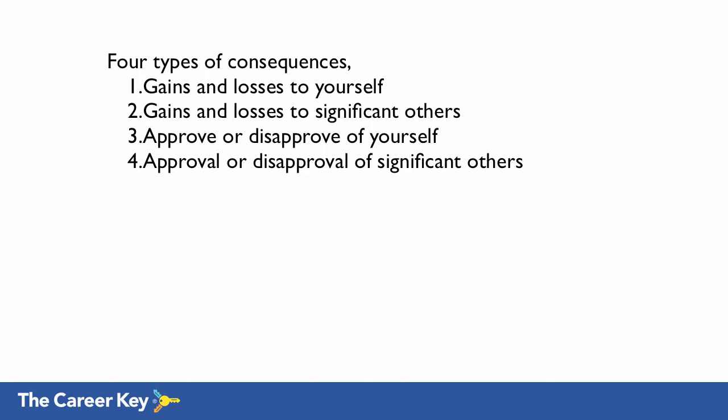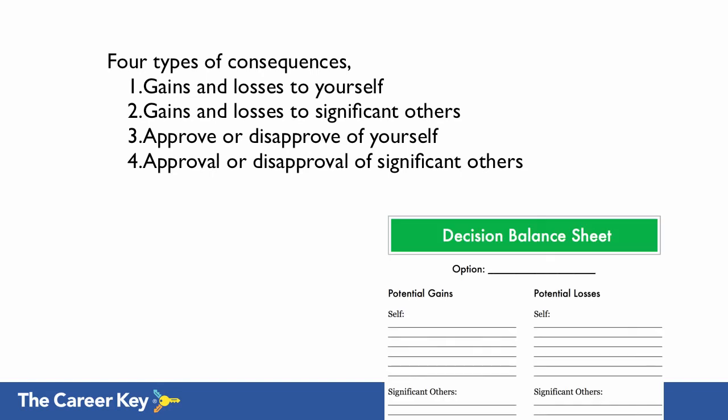We'll go over these 4 types in a minute, but first I want to introduce you to what is called a decision balance sheet. There you see it on the right. Using it, you write down the pros and cons for each option. So if you're thinking of 5 occupations, for example, you would print out 5 balance sheets.